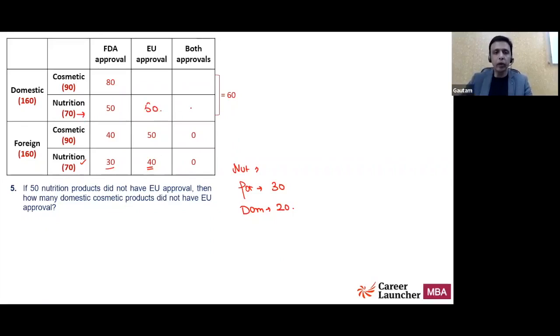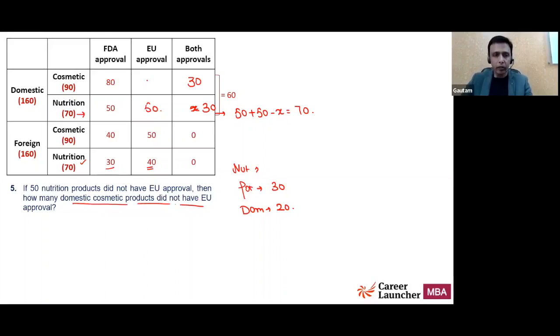Now again going by basic set theory, this 50 plus 50 minus X would be the total number of domestic nutrition product. This will give you X as 30. So if there are 30 domestic nutrition products that have both the approvals, there will be 30 domestic cosmetic products that would have both the approvals. What I'm looking for is domestic cosmetic products that did not have EU approval.